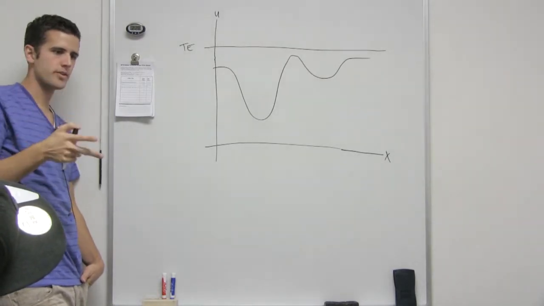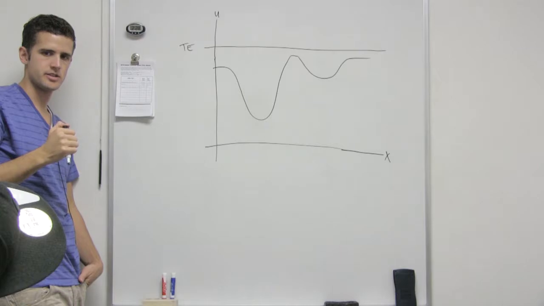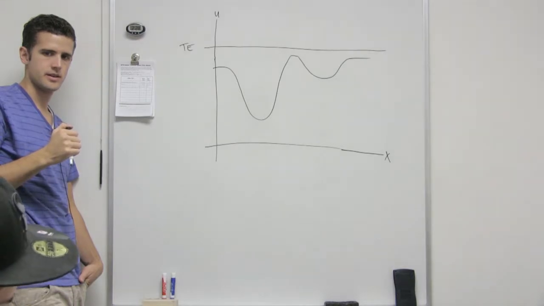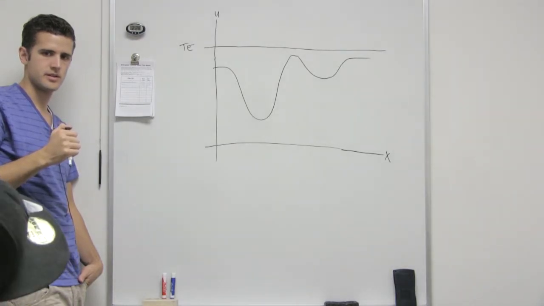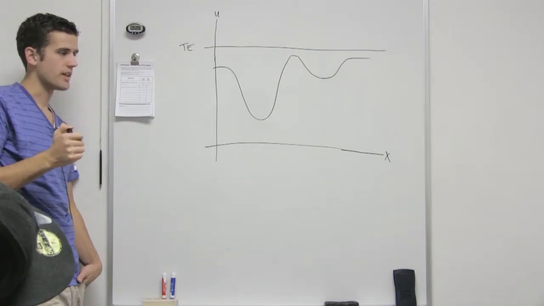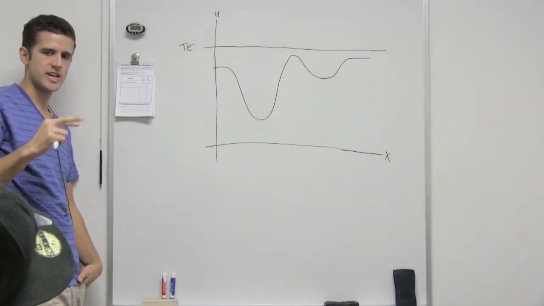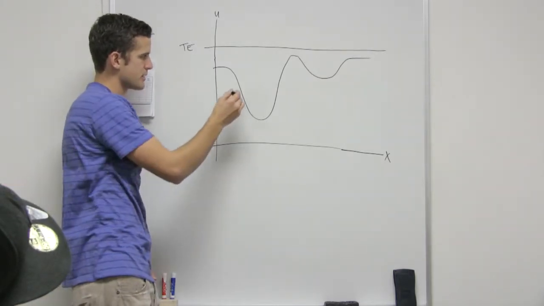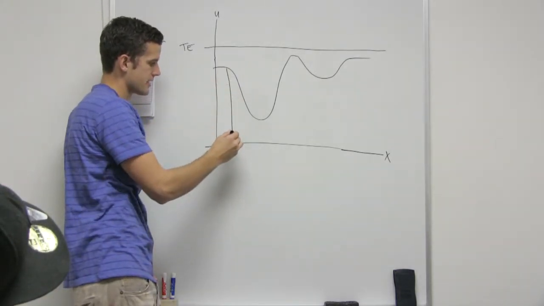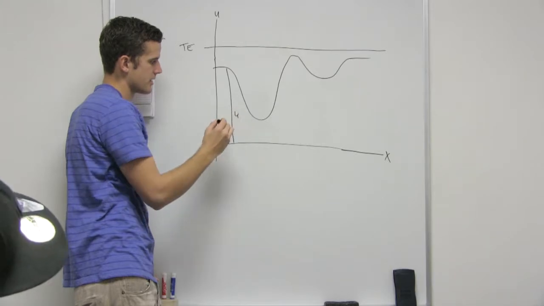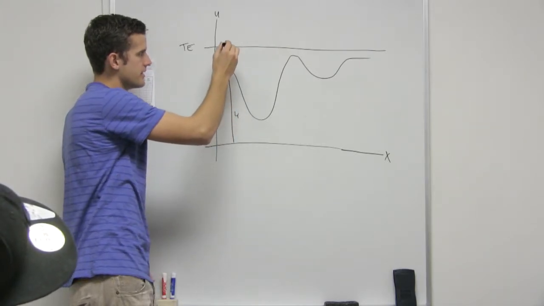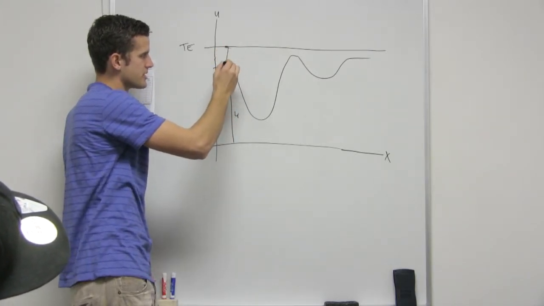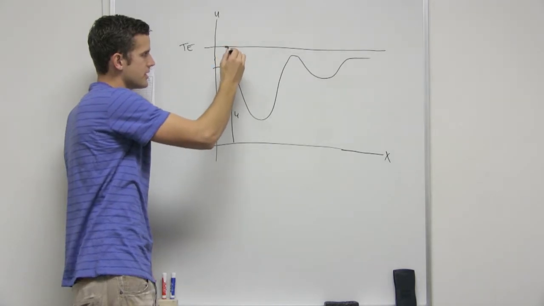What are things that can add to your total energy, besides the potential energy and the kinetic energy? That's exactly right, it's the potential energy and the kinetic energy. So if you have this much potential energy and this much total energy, what does it mean about this space? That's kinetic energy.